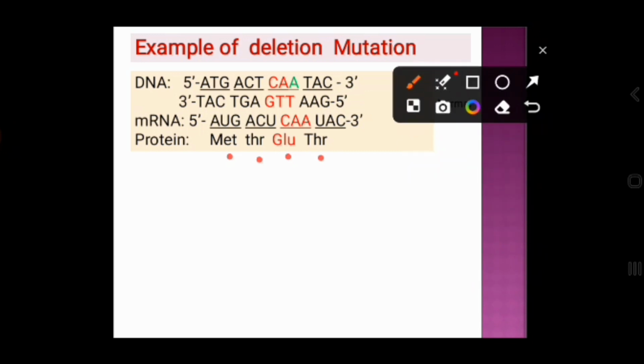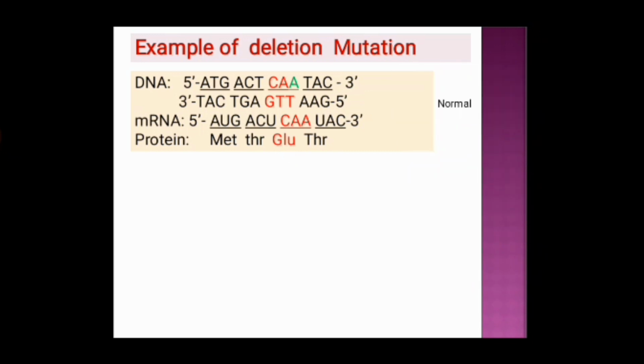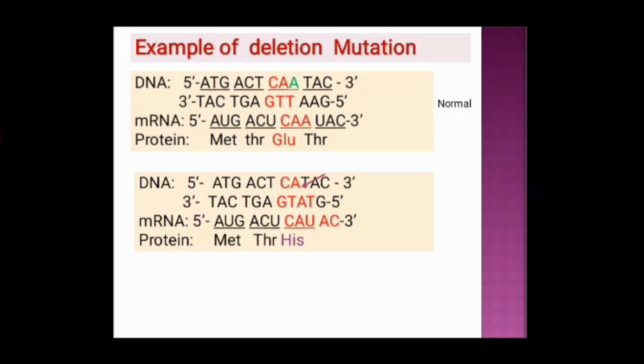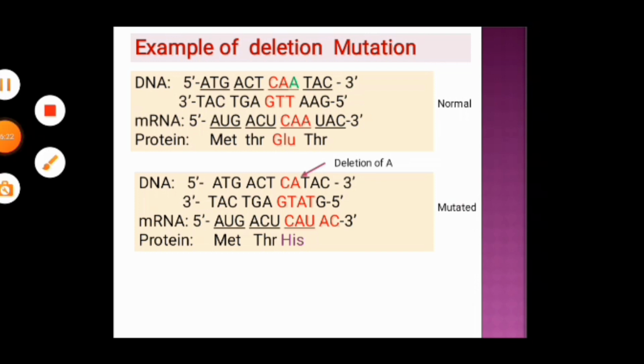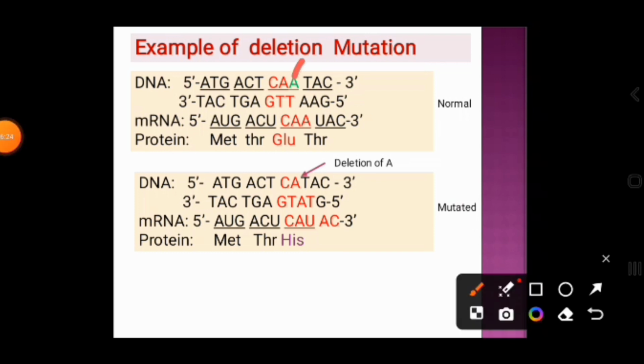Just considering this portion. Next, this one is the mutated version. Why is it mutated? Because here there is a deletion of the adenine nucleotide. This adenine nucleotide is deleted here.